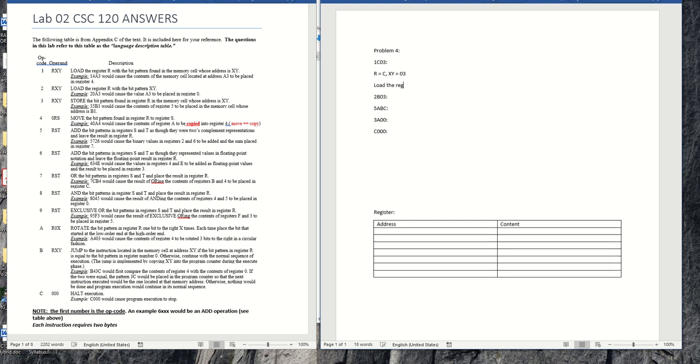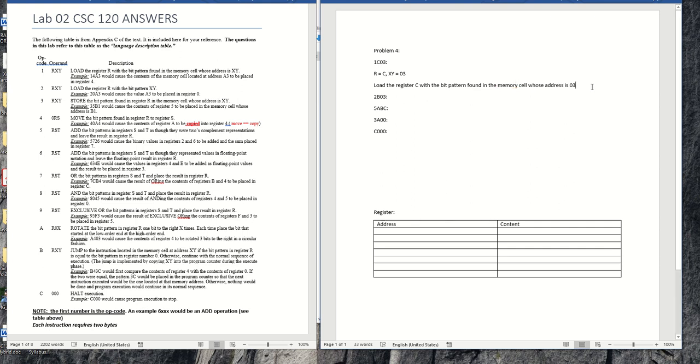Okay, so writing that out: load the register C with the bit pattern found in the memory cell whose address is 0, 3. Please excuse my poor typing.